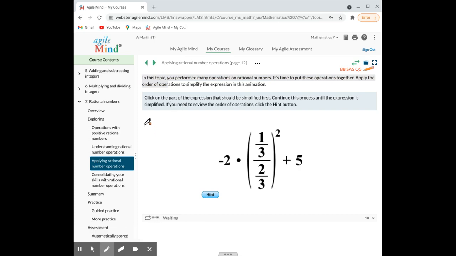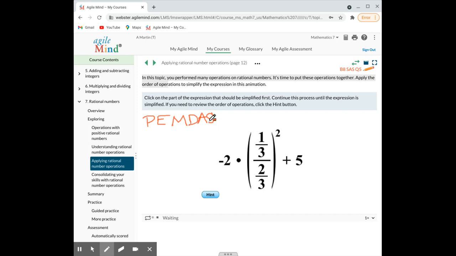Now, when we say the order of operations, what do we use so that we can remember the order of operations? PEMDAS. What's the P stand for? Parentheses. So what do you think we're going to do first?